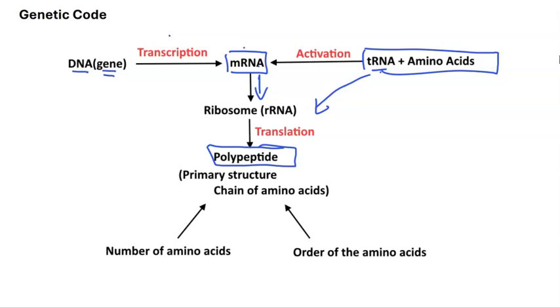We've already learned in our protein structure that the number of amino acids and the order of the amino acids is known as the primary structure of the protein. So indeed, a gene codes for the primary structure of the protein, and translation is the process which explains how this is actually built.